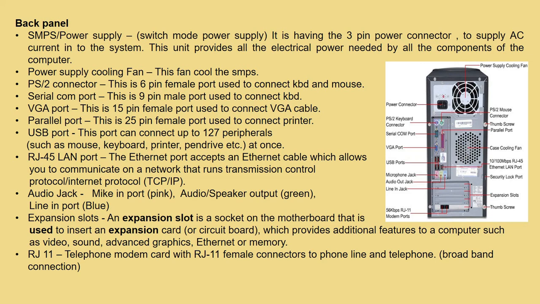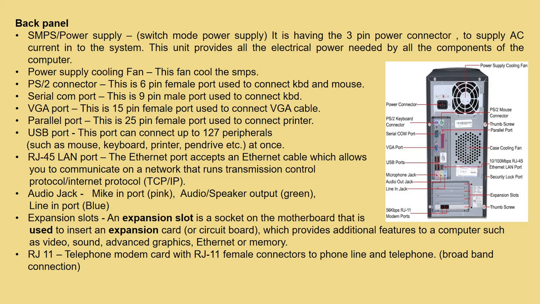Now here two small ports are there, that are for the PS2 keyboard or mouse connector port. And how many pins are there for PS2? This is a 6 pin female port used to connect the keyboard and mouse. So these two ports are for the keyboard and mouse, and it has 6 pins and it's a female port.